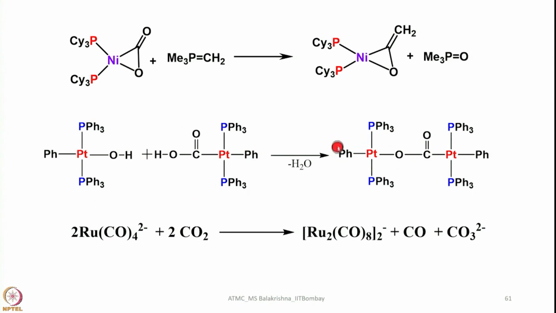So we came across a few examples of coordination modes, and you can find an example for all types of coordination modes in textbooks, especially the 6th edition of Advanced Inorganic Chemistry by Cotton and others. You take this anionic homoleptic tetracarbonyl ruthenium complex and treat it with carbon dioxide, and you can generate something like this, and then CO and CO3 2- come out. That means here it acts as a source of carbon monoxide.